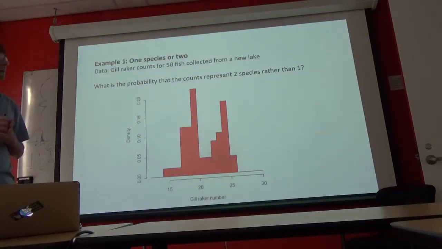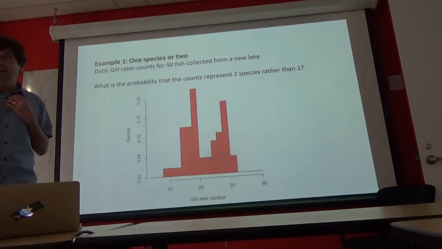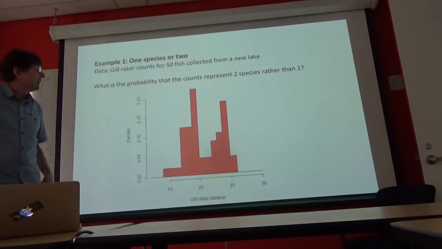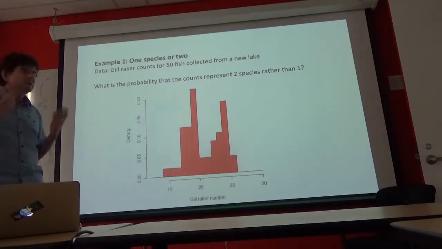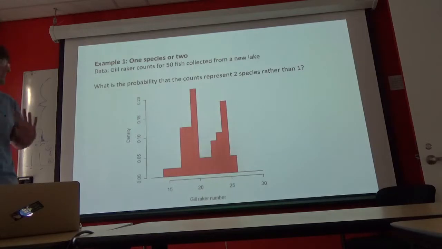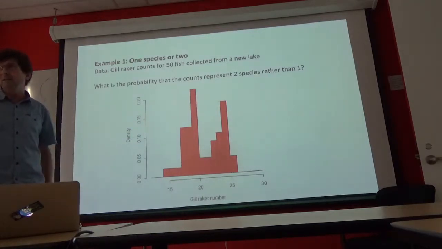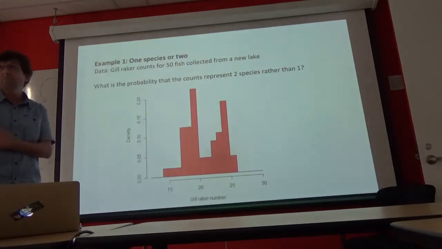So Structure is a method that uses prior and posterior probabilities to make statements about the strength of evidence that the data are from, you know, one species or two species or three species. And that's such a complicated way of doing things that I'm going to do the same thing, but using a very simple data set, just one variable, so that you get the idea of how the methodology works.